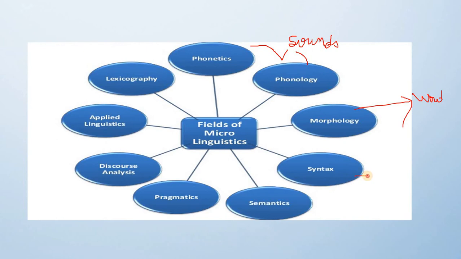Also we have syntax that studies the sentence, and both of them are studied under what is called grammar. So when I say grammar, I'm talking about morphology, for example parts of speech, and also sentence structure, which is the syntax.